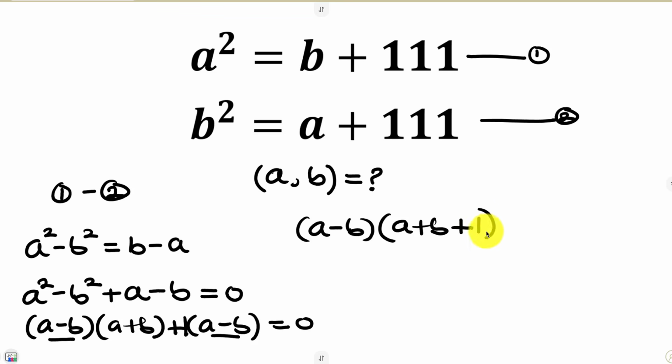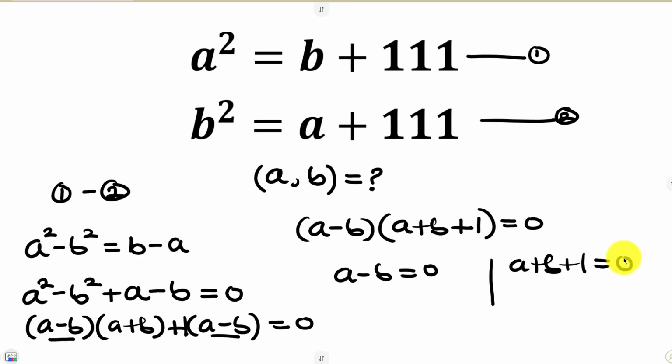And this is equal to 0. So there are two cases from here. We have a minus b equal to 0, or we have a plus b plus 1 equal to 0. Let's call the first one case 1, and this is going to be our case 2.